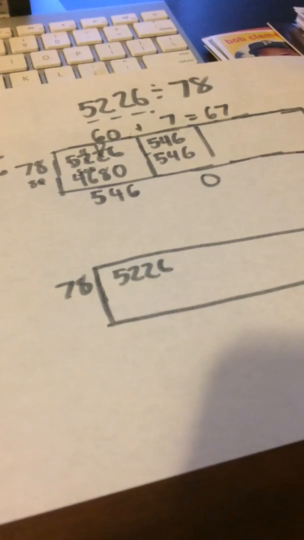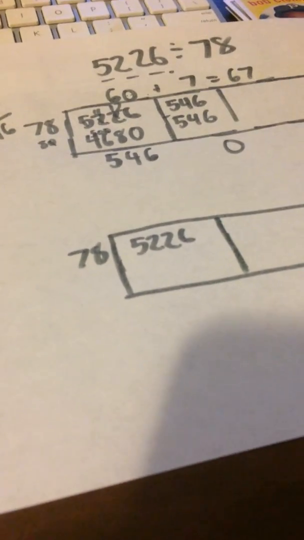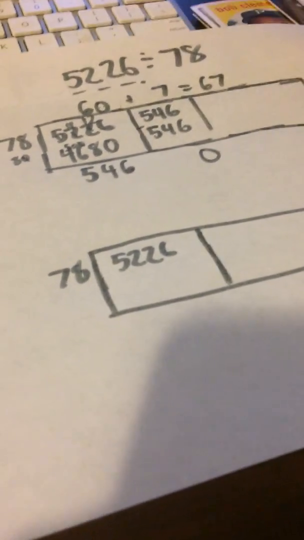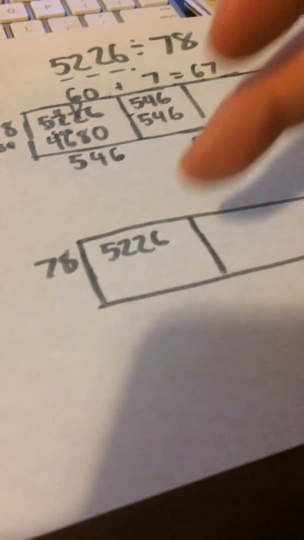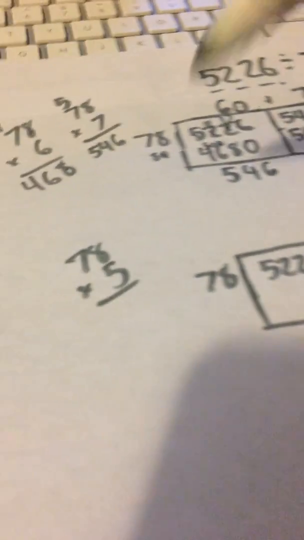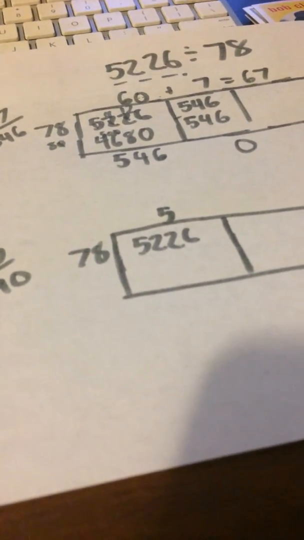So one way you can also approach area model, let's say that you're not the best at dividing and multiplying and subtracting, and you make an error, and instead of going 6 times, let's say that you accidentally take 78 times 5. Okay, so when you work that out, you get 390. Okay, so you put your 5 up top.